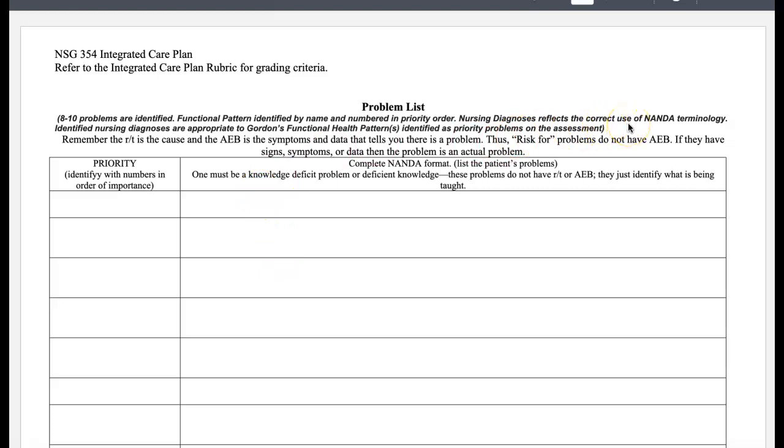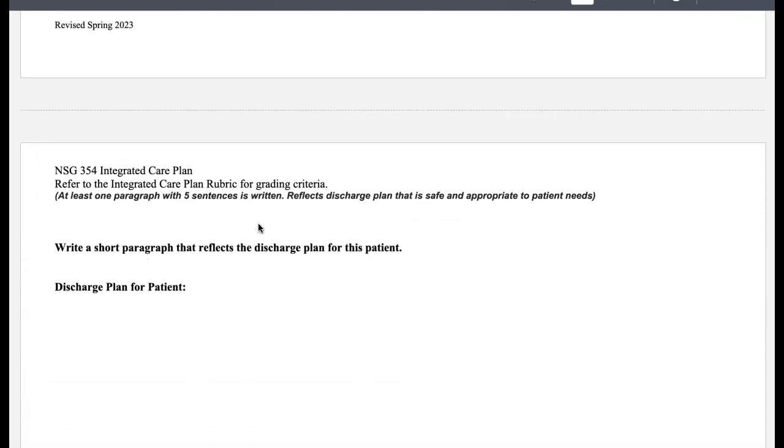Make sure you're using the correct NANDA terminology. Remember that you have to have the related to, so what's causing the problem, and the as evidenced by, those symptoms that tell you that. Risk problems do not have to have an as evidenced by. You're going to fill out 8 to 10 of those problems for this specific patient.